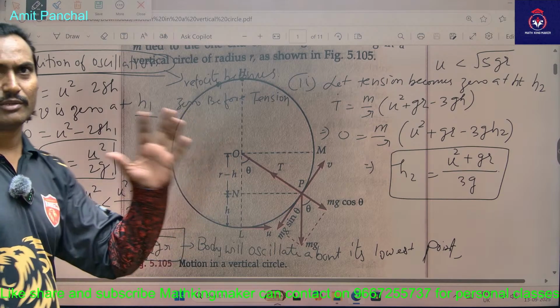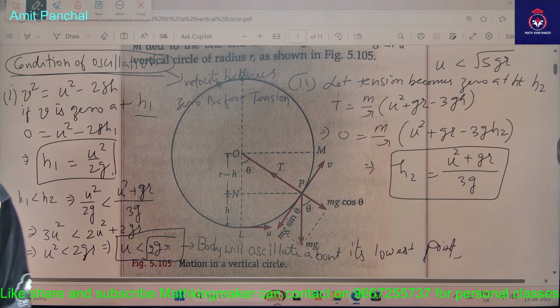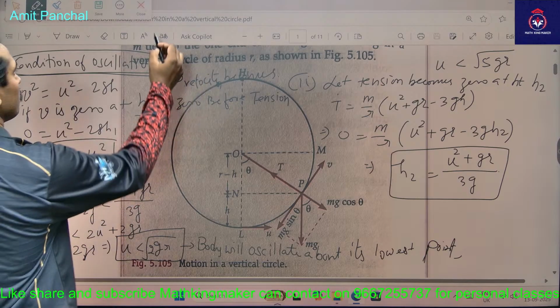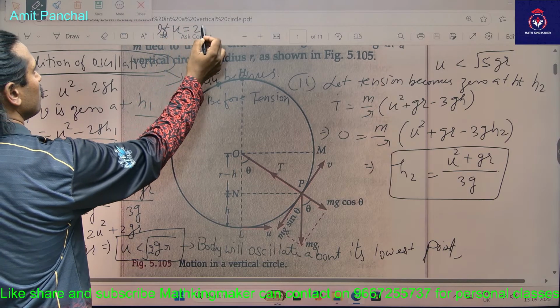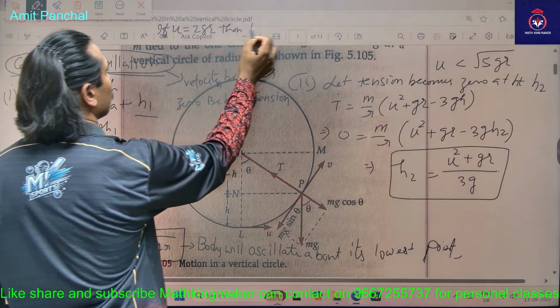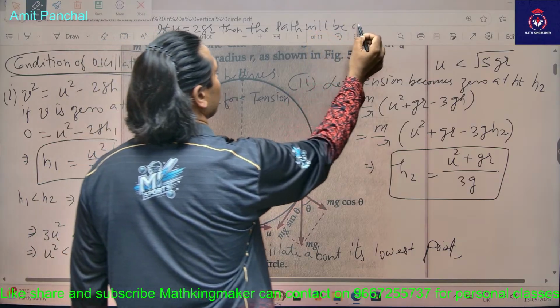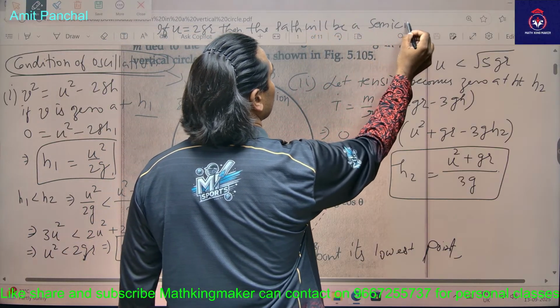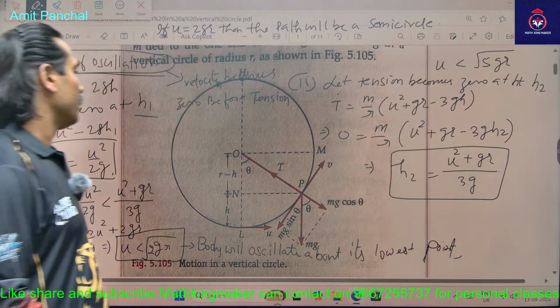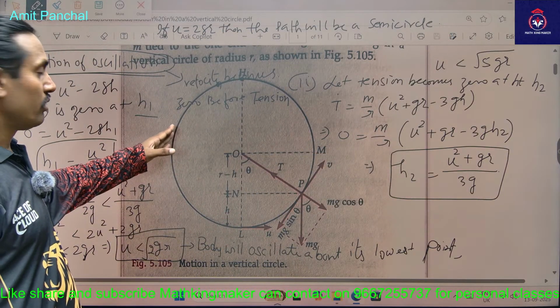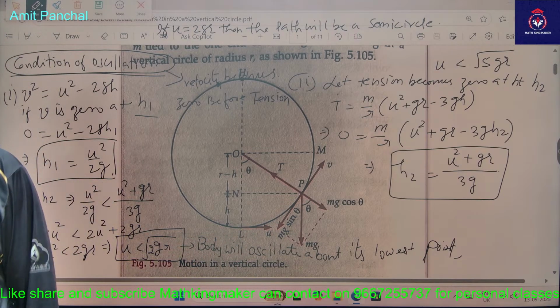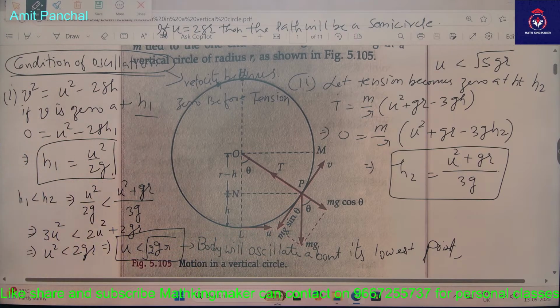Just remember it: if u equals the square root of 2gr, then the path will be a semicircle. That means it will go and come back. Will it continue to oscillate in a semicircle or will it stop?